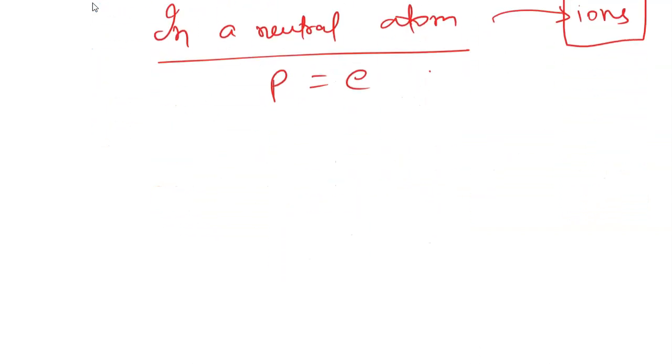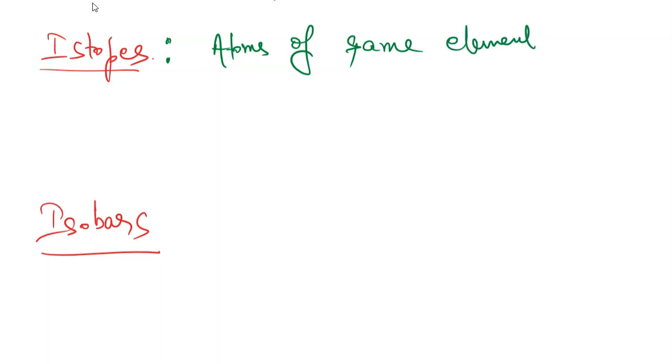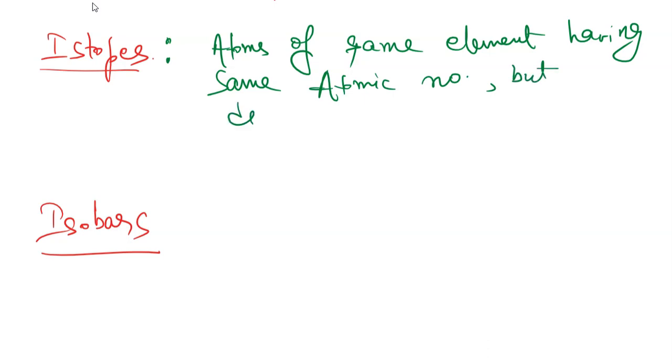Right? So here a new thing we will be seeing, that is isotopes, and we will see isobars. Remember, isotopes are atoms of the same element, and the same element means definitely they will have the same atomic number but different mass numbers.